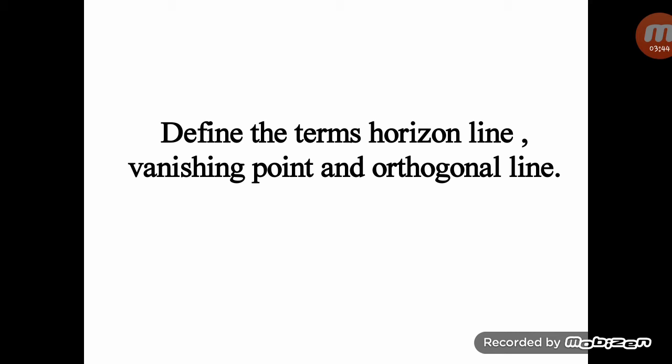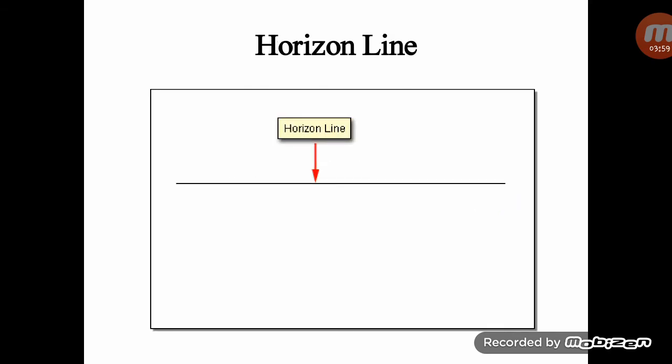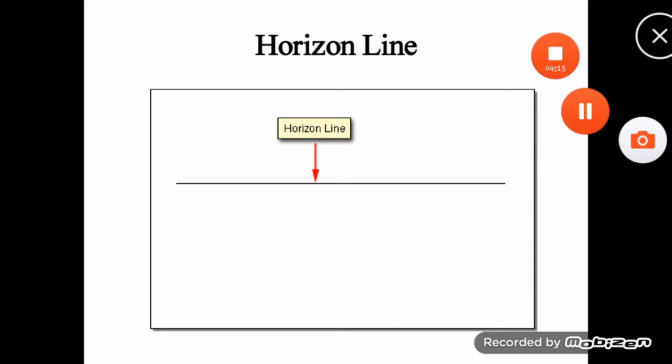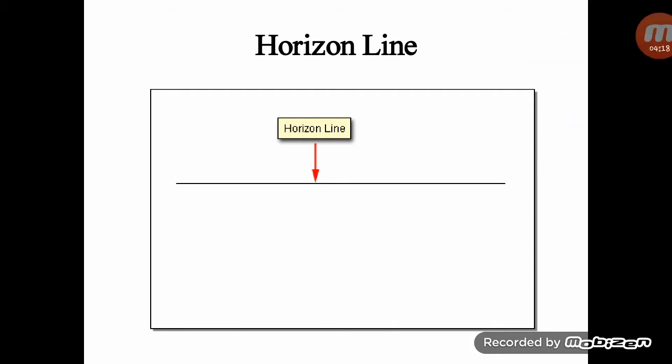Define the terms horizon line, vanishing point and orthogonal line. Horizon line: the line in a perspective drawing where the sky meets the ground. It also represents the eye level.